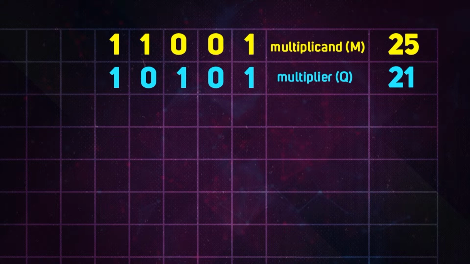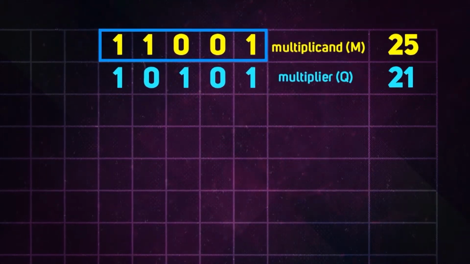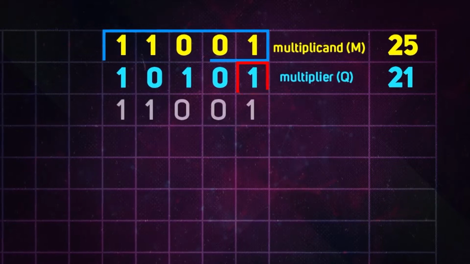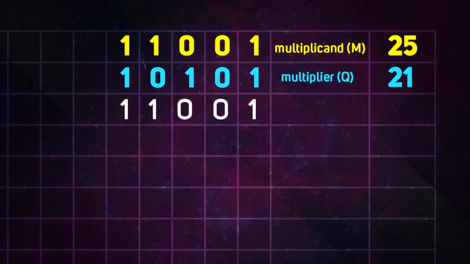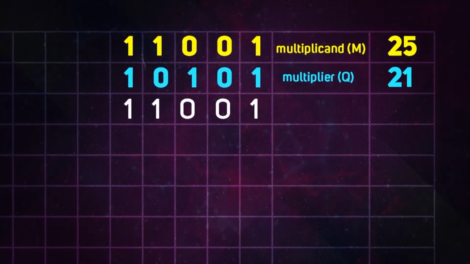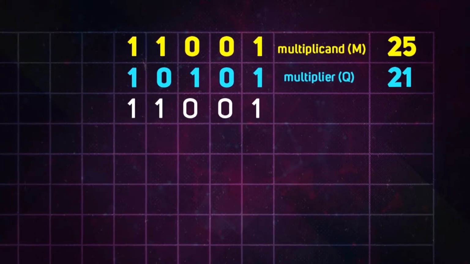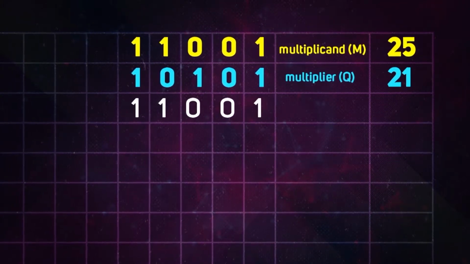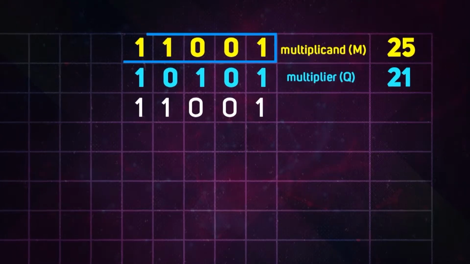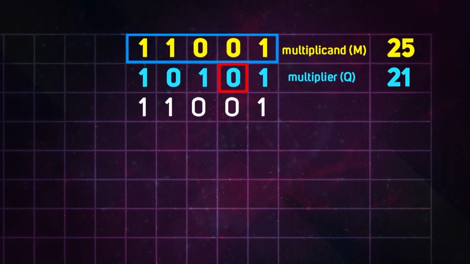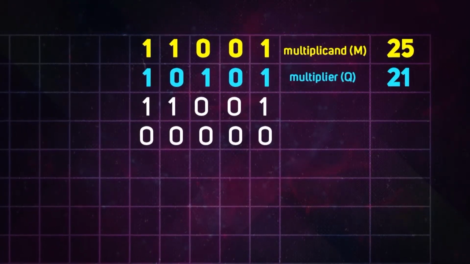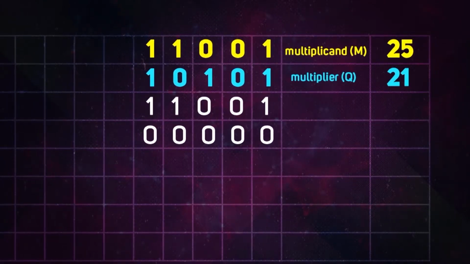In step 1, m into q0, that means 11001 into 1, we get 11001. It is the first partial product. Then in step 2, we obtain the second partial product, m into q1, that is 11001 into 0, which is equal to 00000.